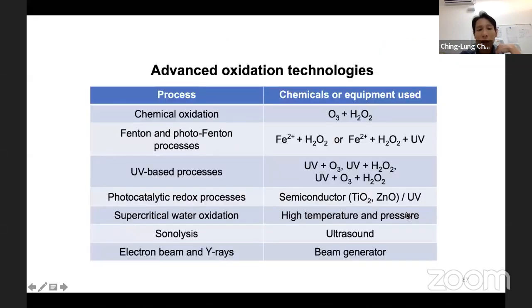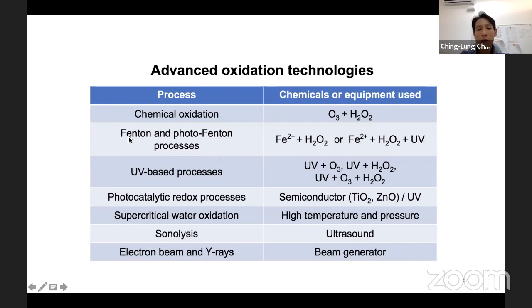So there are a few advanced oxidation technologies. The first one is called chemical oxidation. For chemical oxidation we usually use ozone and hydrogen peroxide. And there is one famous technology called the Fenton, or photo-Fenton, process.